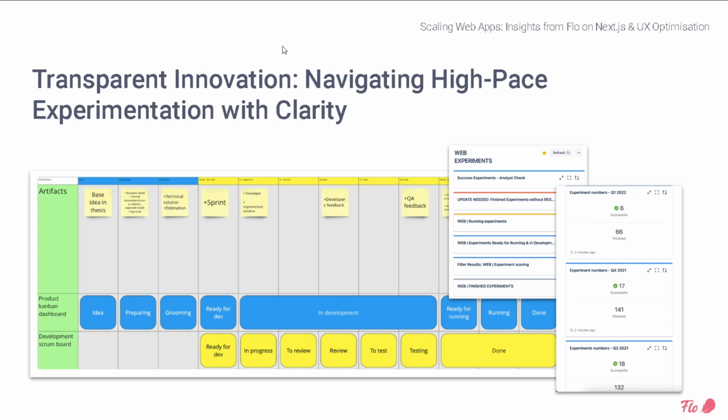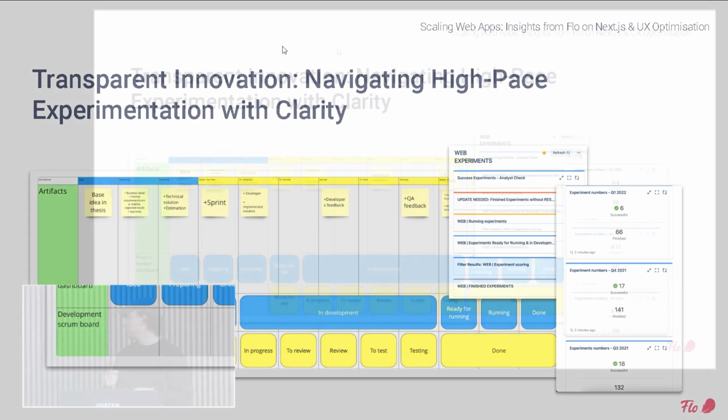We created it based on Jira. We created a specific type of ticket with additional fields, with a specific workflow, and two dashboards. One for the products with related tasks and statuses, and one for the engineers with the same. As a result, we got the ability to query experiments with additional attributes.